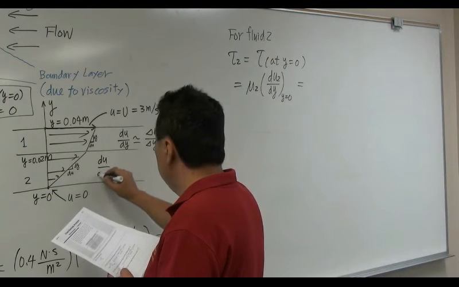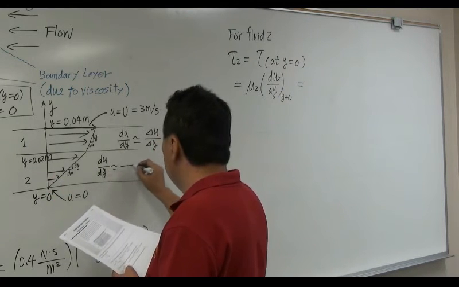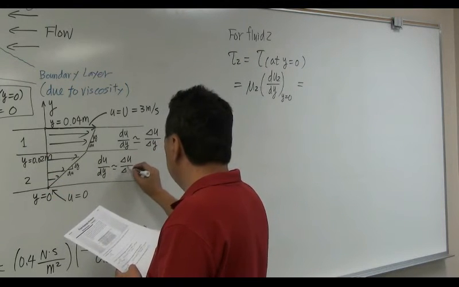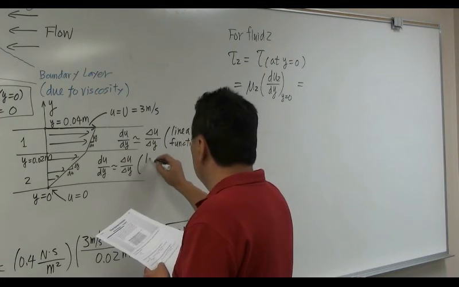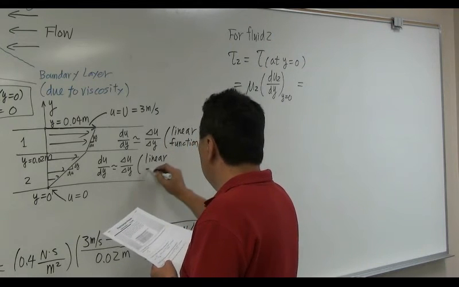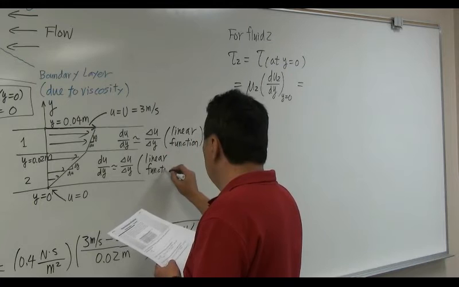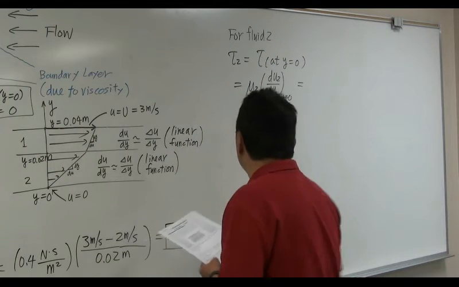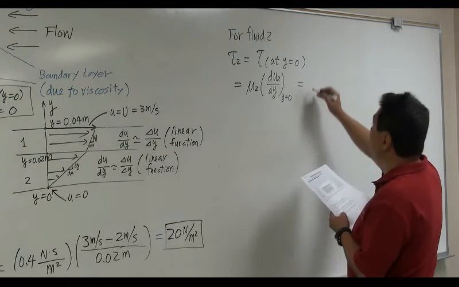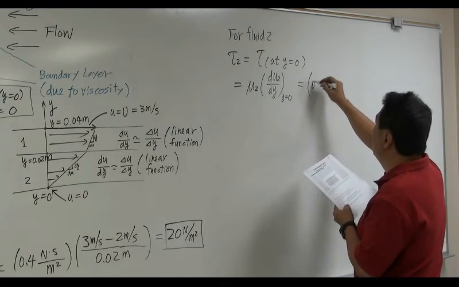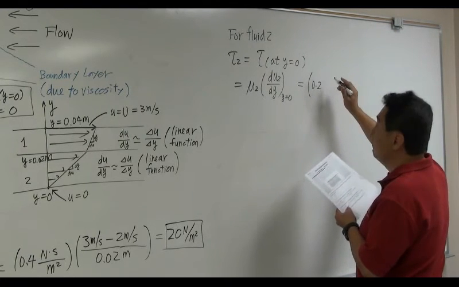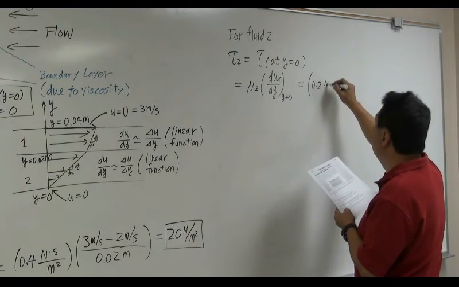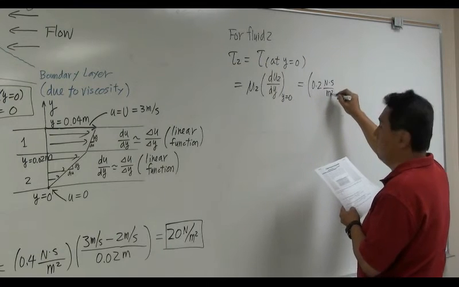Again, du dy can be approximated by delta u over delta y because it's a linear function. Okay, so let's do the same thing. Viscosity is different for fluid 2, 0.2 Newton second per meter square.